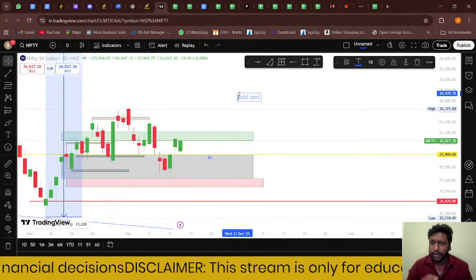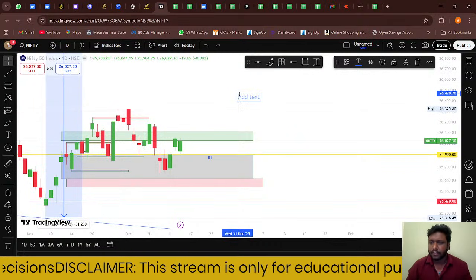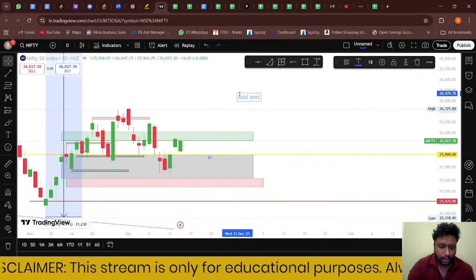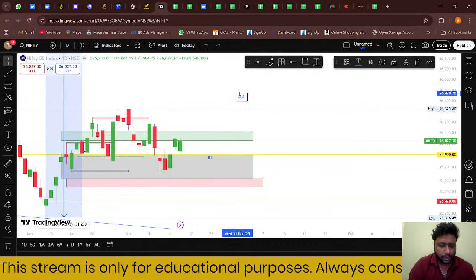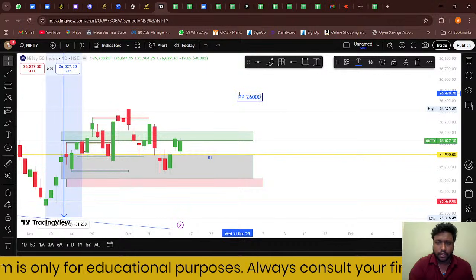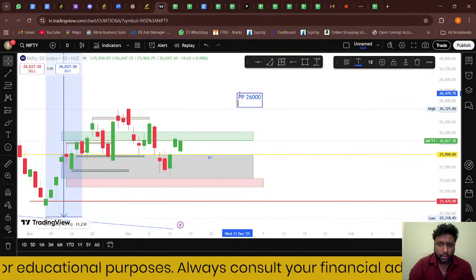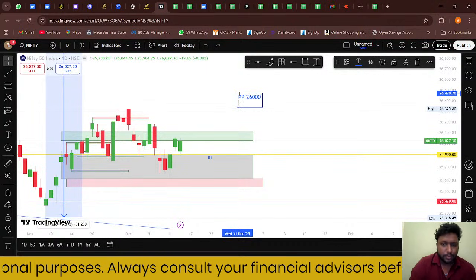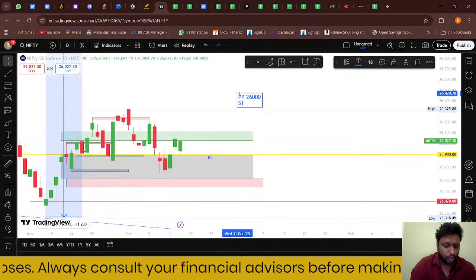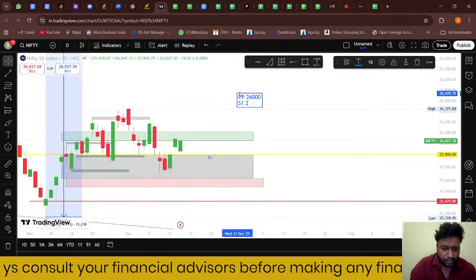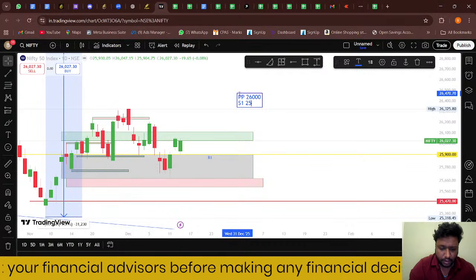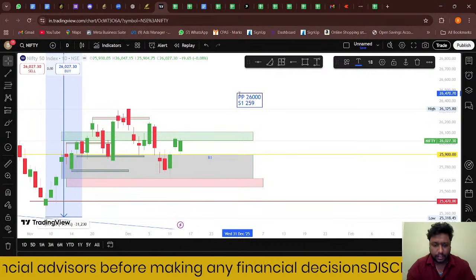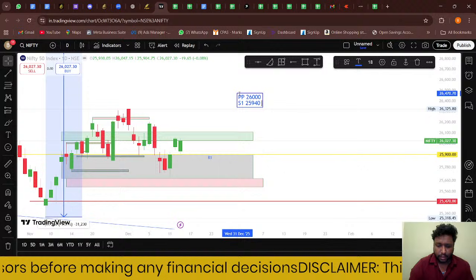We will mark it as 26,000 only because it is acting as a psychological level. So the pivot point for Nifty we will mark as 26,000 as of now. With respect to this pivot line, support one is at 25,938, exactly. We will mark it at 25,940.